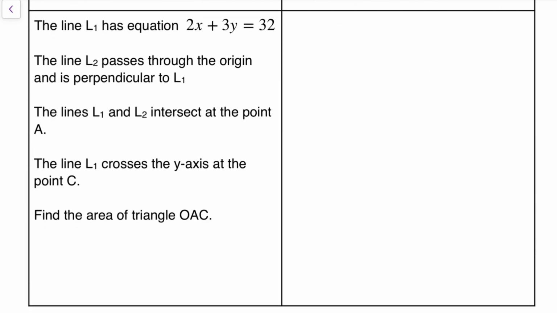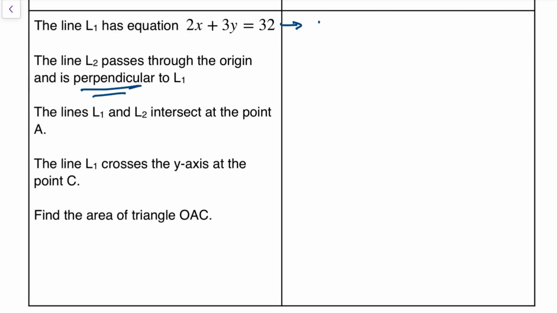Next question. The line L1 has equation like this. The line L2 goes through the origin, and is perpendicular. Here we go again. The lines L1 and L2 intersect at A. The line L1 crosses the y-axis at C. Find the area of OAC. Okay. Now, normally I would say, don't worry. In this case, I am going to try and draw reasonable diagrams.